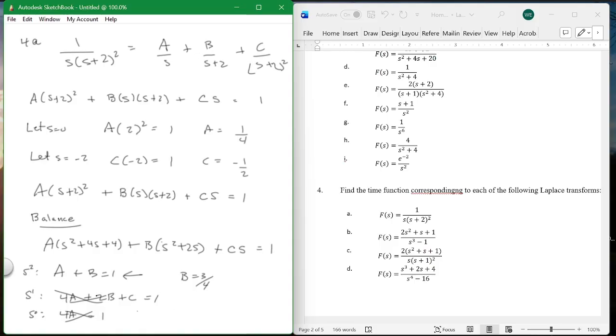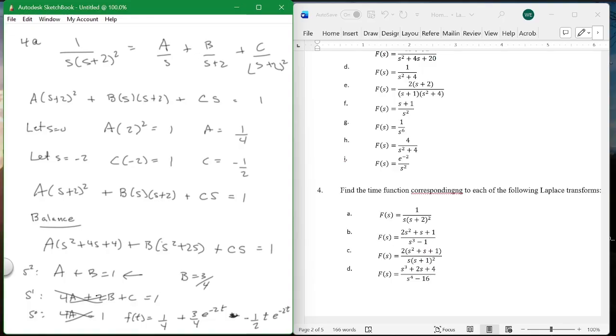So my f of t is equal to what? 1/4, which is my A term, plus 3/4 times 1 over s plus 2, or e to the minus 2t, minus 1/2 t e to the minus 2t.